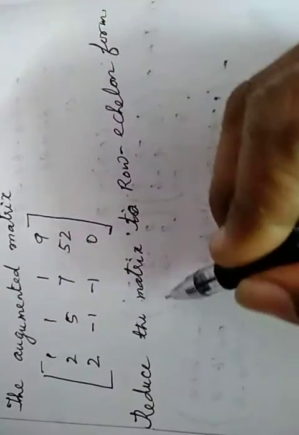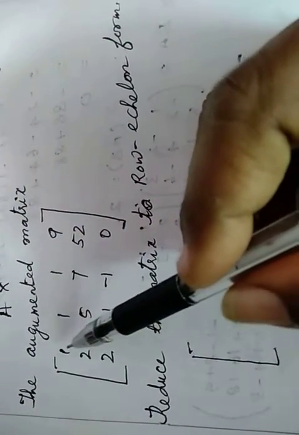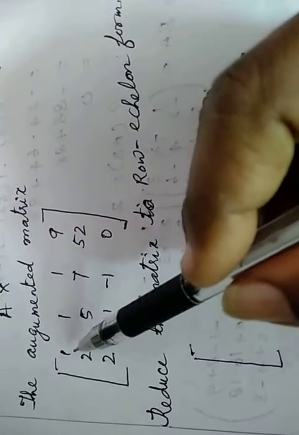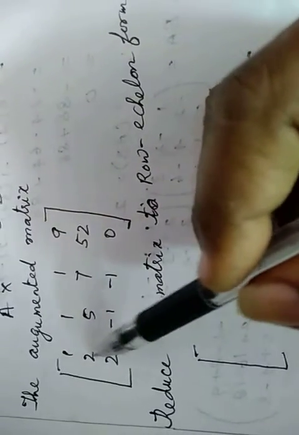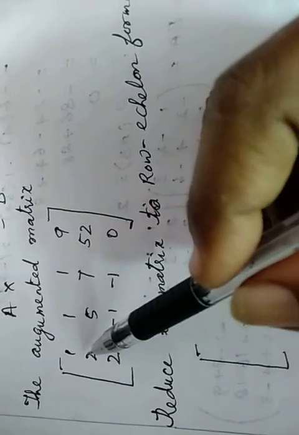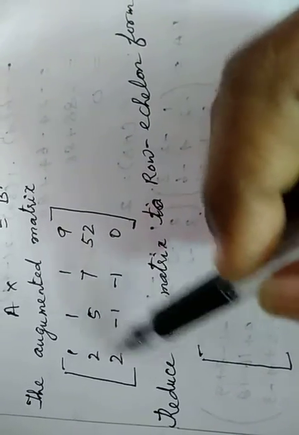So reduce the matrix to row echelon form. Now what I am going to do is, after the first non-zero element in the first row, these two numbers are there. So these two numbers must be made 0.